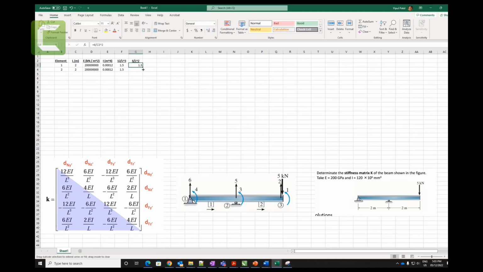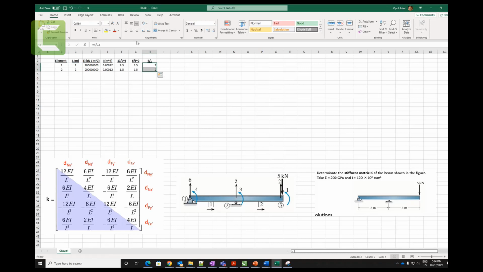When you drag it down, this will automatically do it for you. Look at that, 6 on L squared is automatically done for you. 6 on L squared done, 12 on L cubed done, 6 on L squared done, this one 4 on L. 4 divided by L. You get 2 for the second.